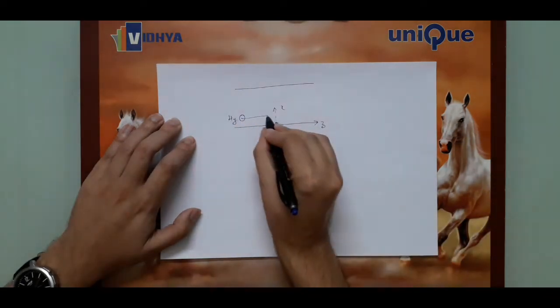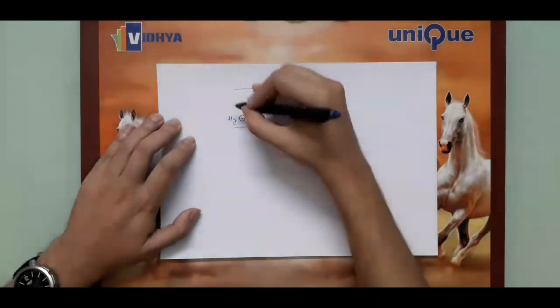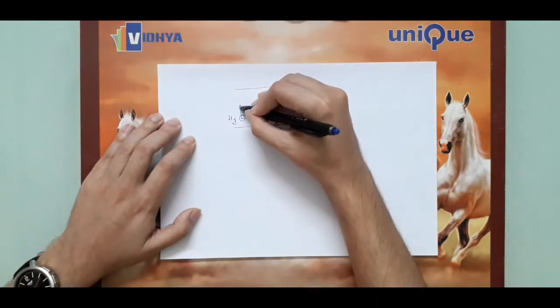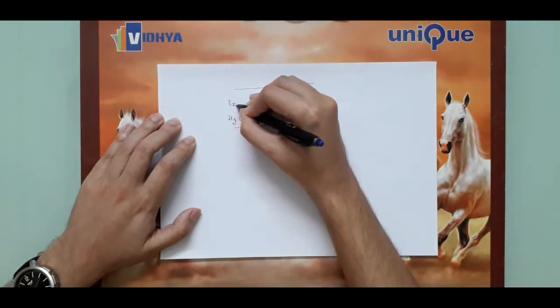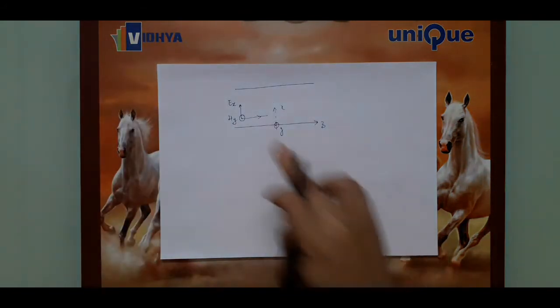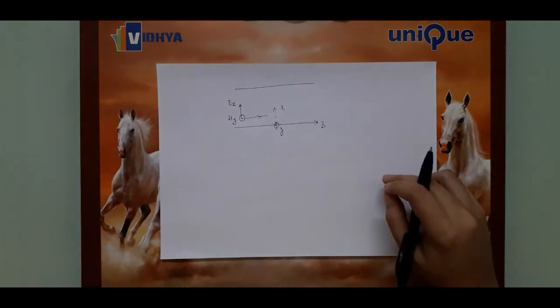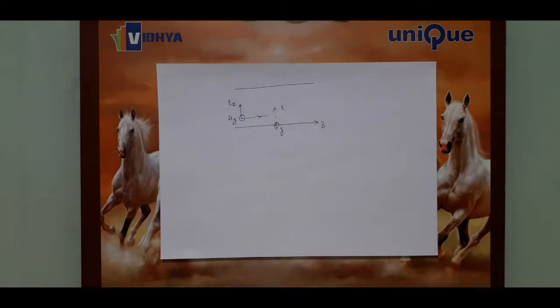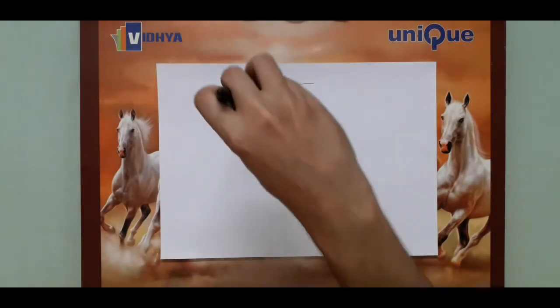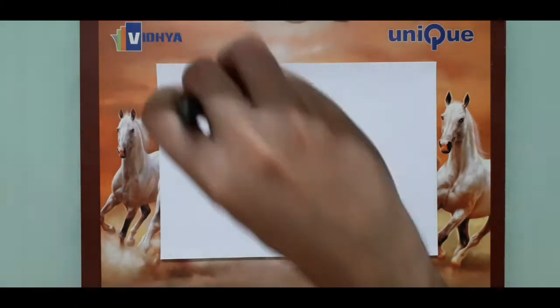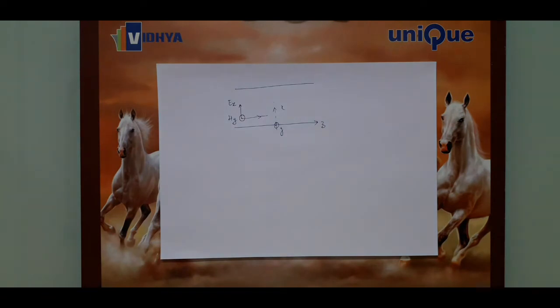The wave is traveling this way, and the electric field vector is over here. It is along the x-axis. So it is traveling along the plus z direction, where Hy is obviously along the y-axis, vertical to the plane of the paper.